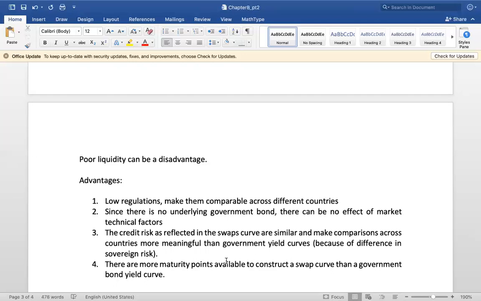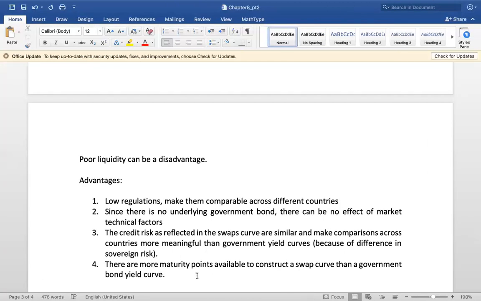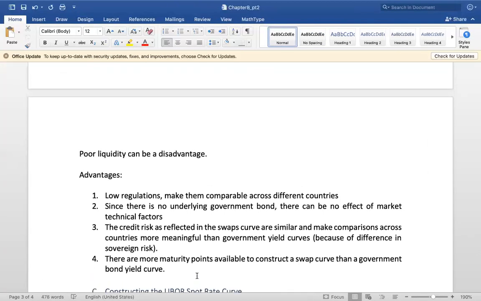Third, credit risk is reflected in the swap curve, which makes comparisons across countries more meaningful than the government yield curve because of differences in sovereign risk. And finally, there are more maturity points available to construct a swap curve than a government bond yield curve.